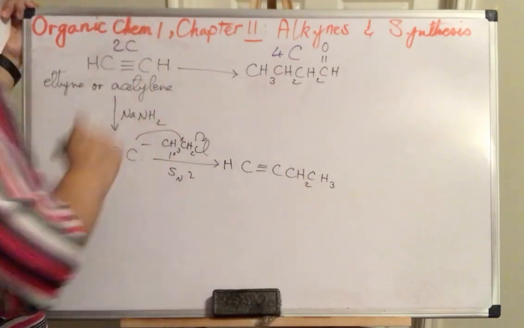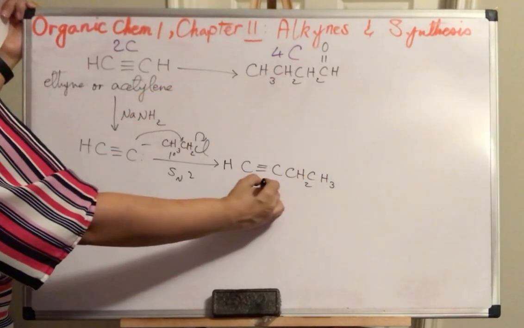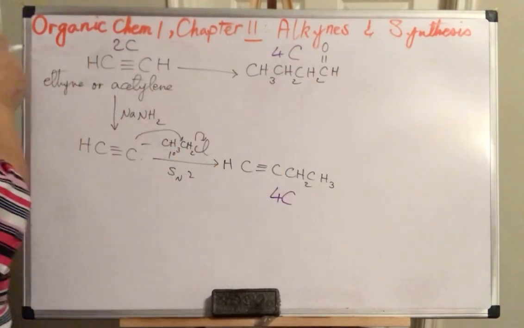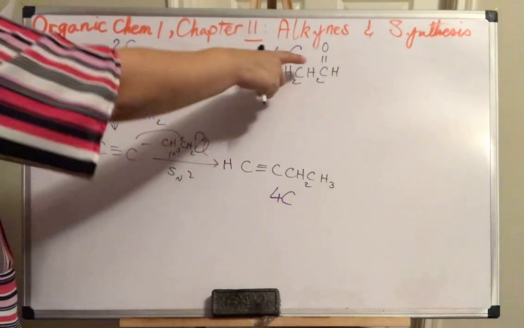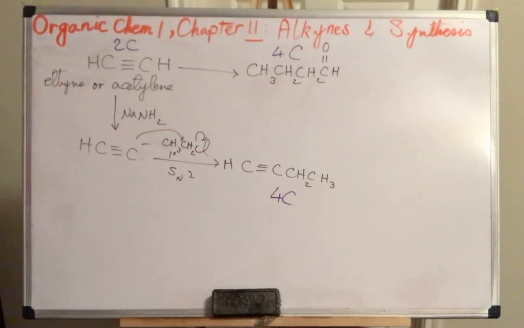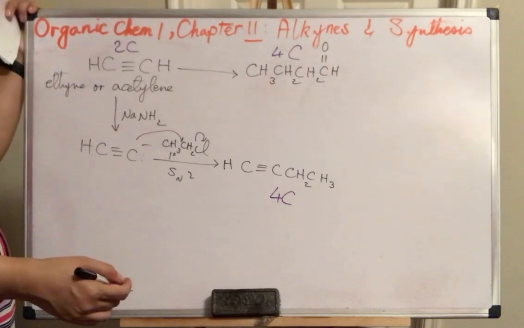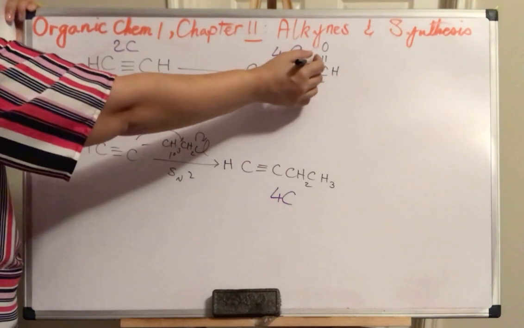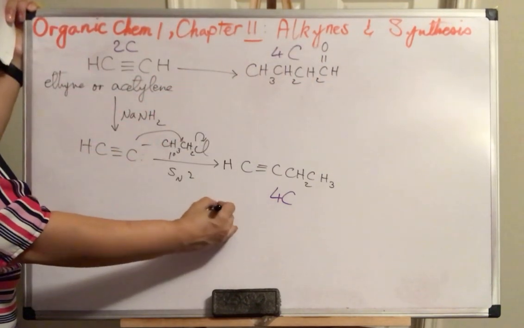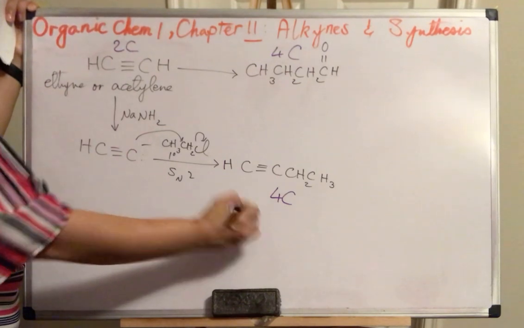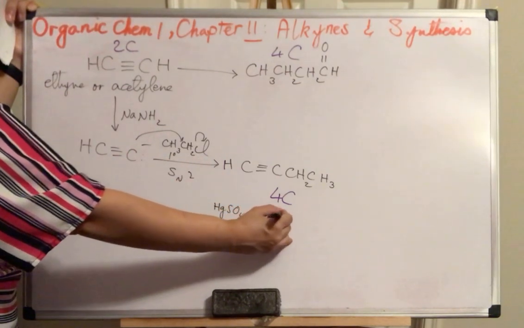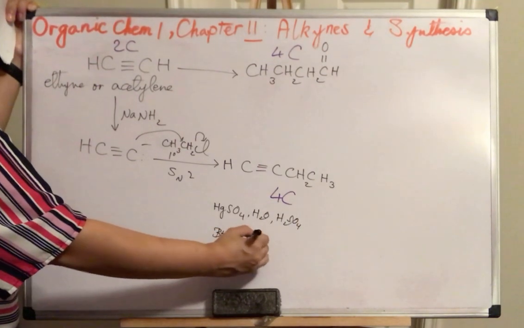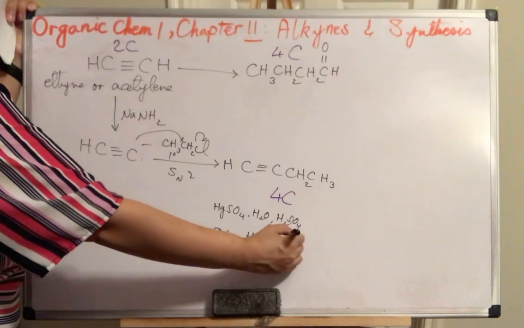Now, the difference between these 2: now we have 4 carbons and 4 carbons in both. The number of carbons is fixed, but the functional group is different. Going from an alkyne to a keto form, to a carbon-oxygen double bond, the carbonyl bond. How? Let's figure it out. You have 2 ways, either using HgSO4 and H2SO4 and water, or add BH3 and then H2O2 and base.